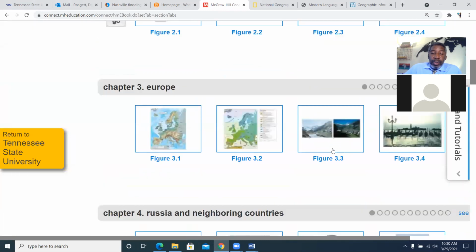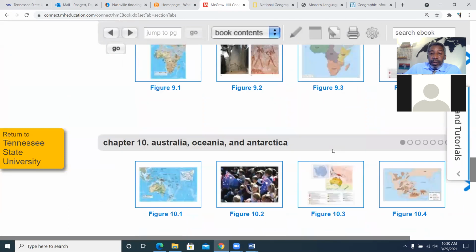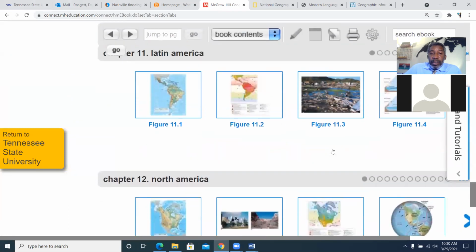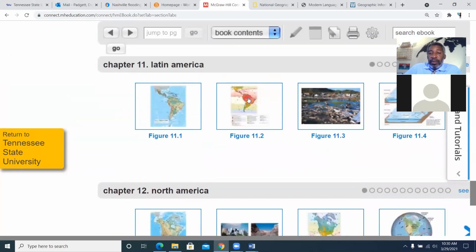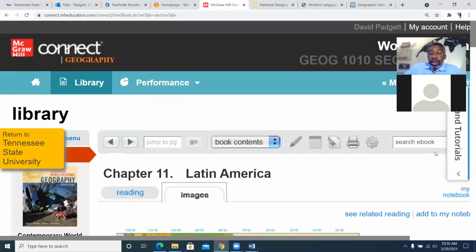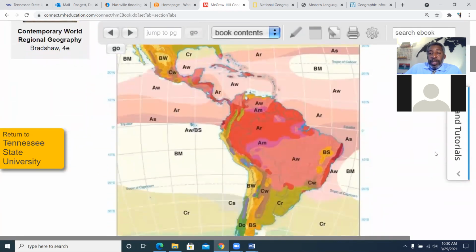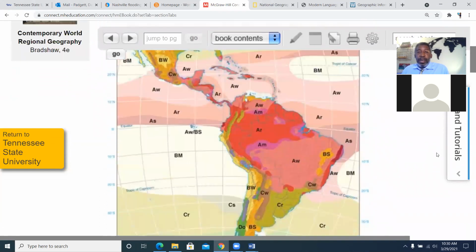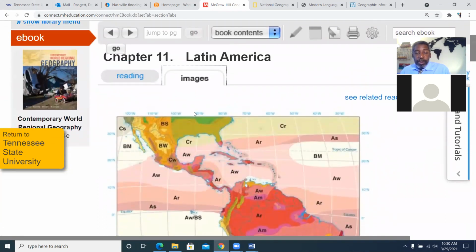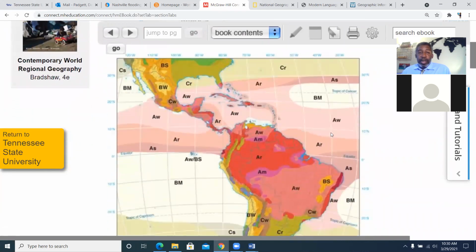I'm going to go to chapter 11 images, straight to figure 11.2, which is the Köppen climate map for Latin America and the Caribbean. It does have a portion of the southern part of the US there. But if nothing else, you'll notice that the climate regions are quite different.